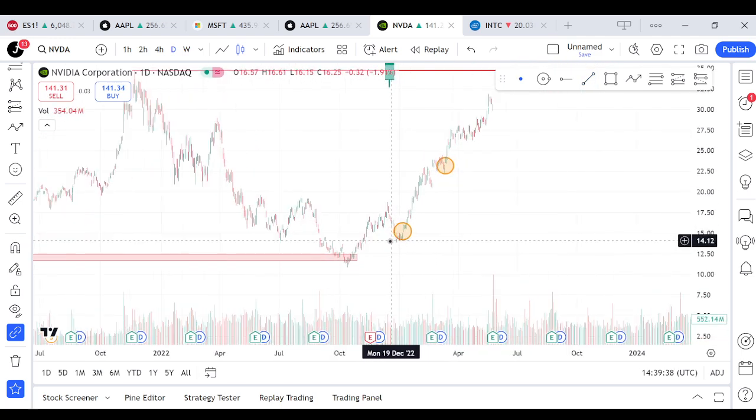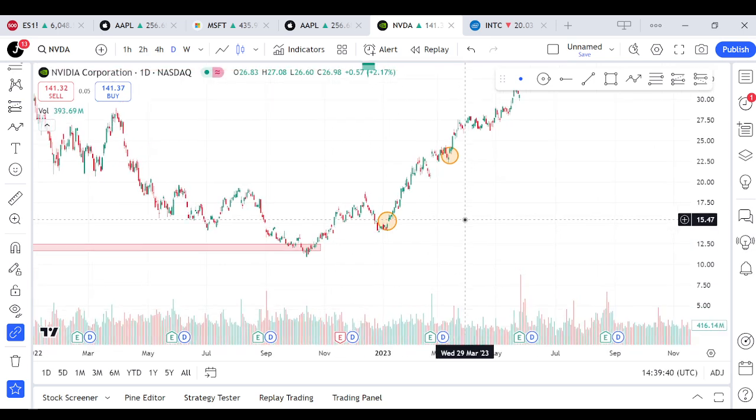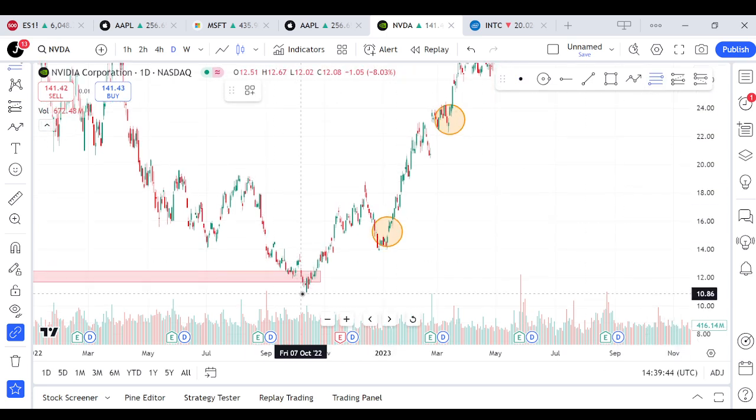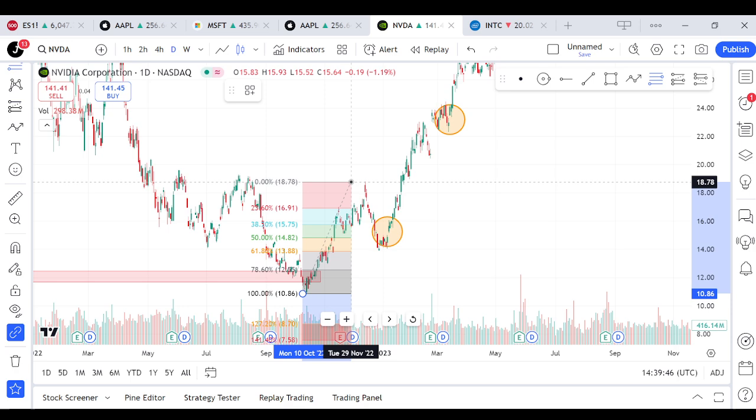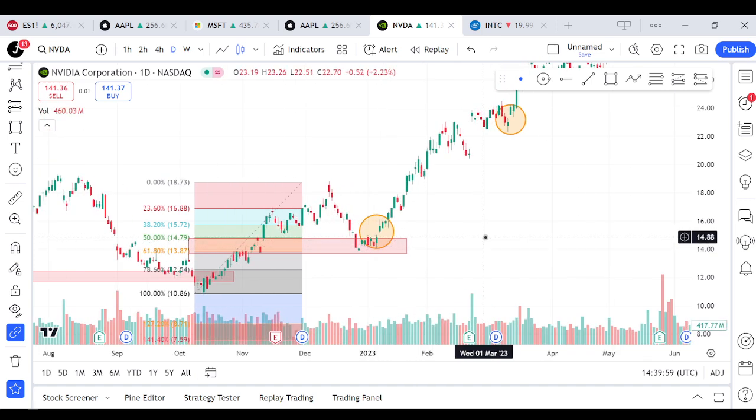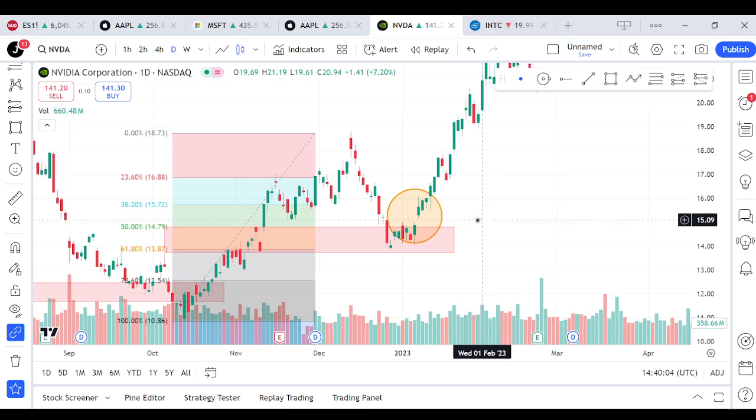Okay, now after spotting this, you can see we had this leg, this swing from this swing low to this swing high, and you have price reacting from the point between the 50% and the 61.8% Fibonacci level. So at that point you have the side by side white lines, or in this case the side by side green lines.